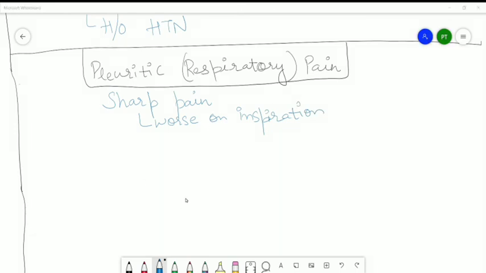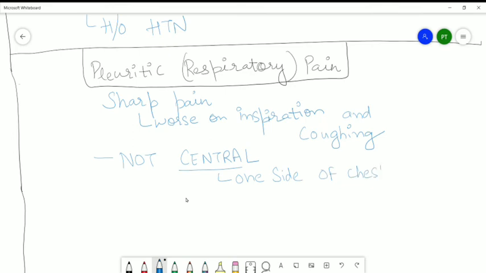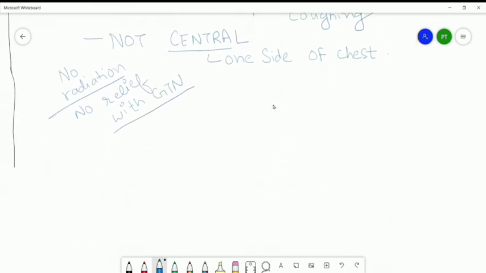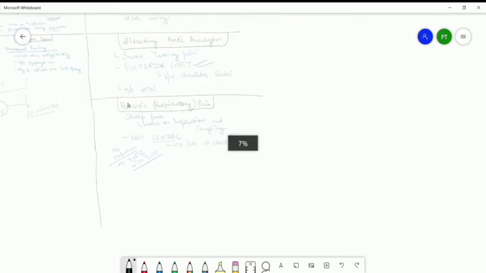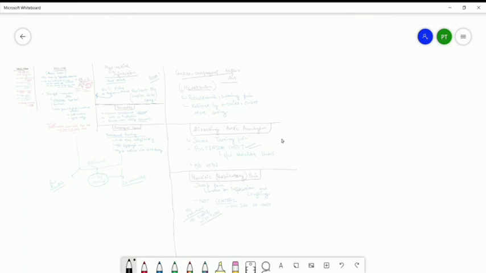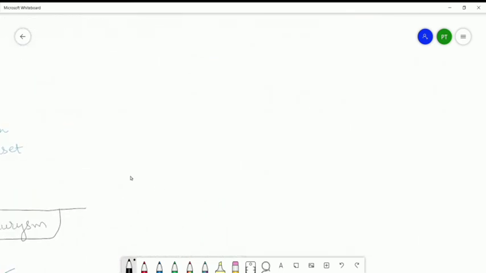Okay, pleuritic pain is very sharp pain that gets worse on inspiration and coughing. Okay, whenever intrathoracic pressure is increased, and this is not central, this is localized to one side of the chest. There is no radiation of pain and no relief with GTN spray. So this is about all the differential diagnosis of chest pain.